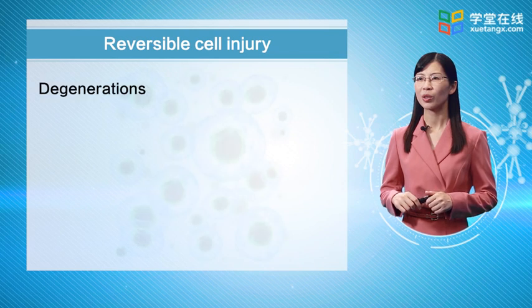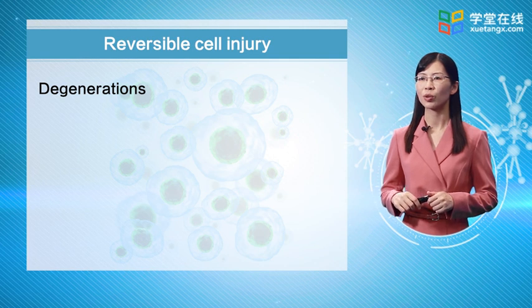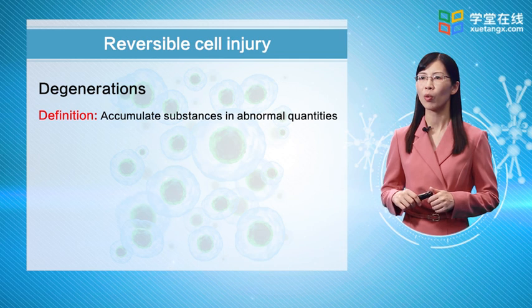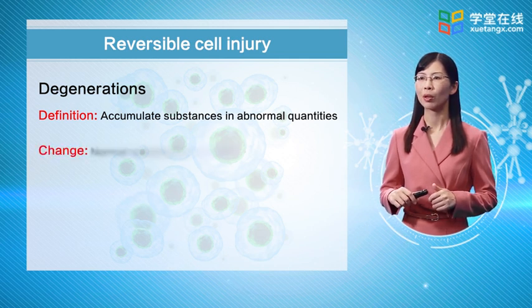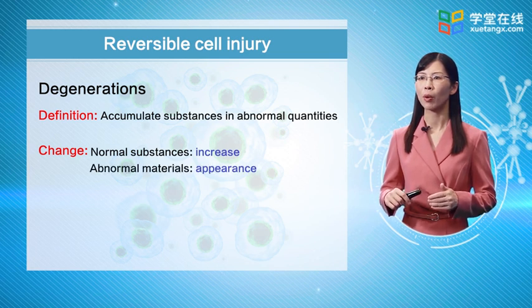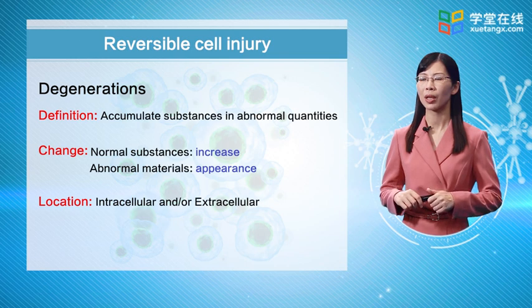When cellular injury is reversible, sublethal, and sustained, cells and tissues tend to accumulate substances in abnormal quantities. These substances may be normally found in the body or are not found in the body under normal conditions. They may be stored inside the cells or in extracellular locations.